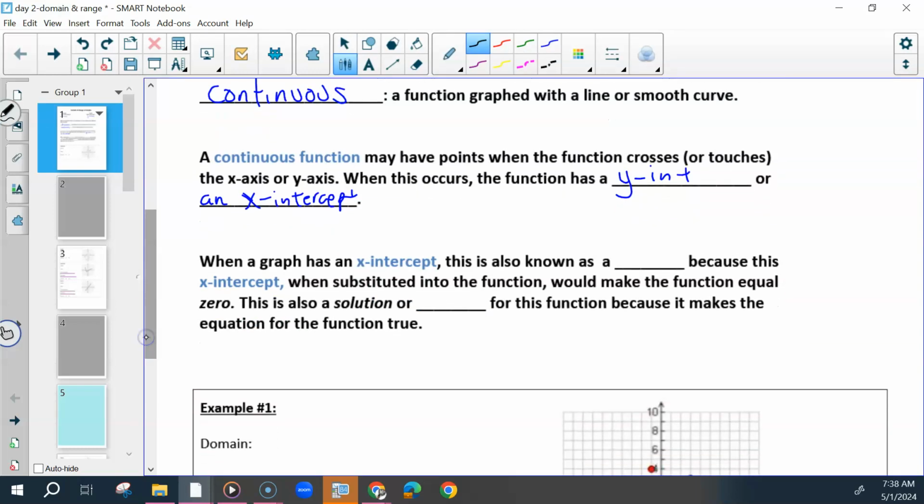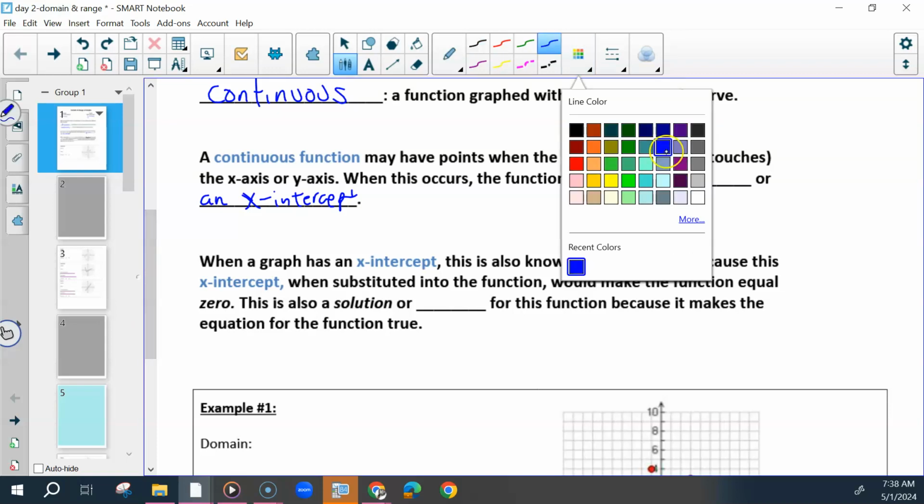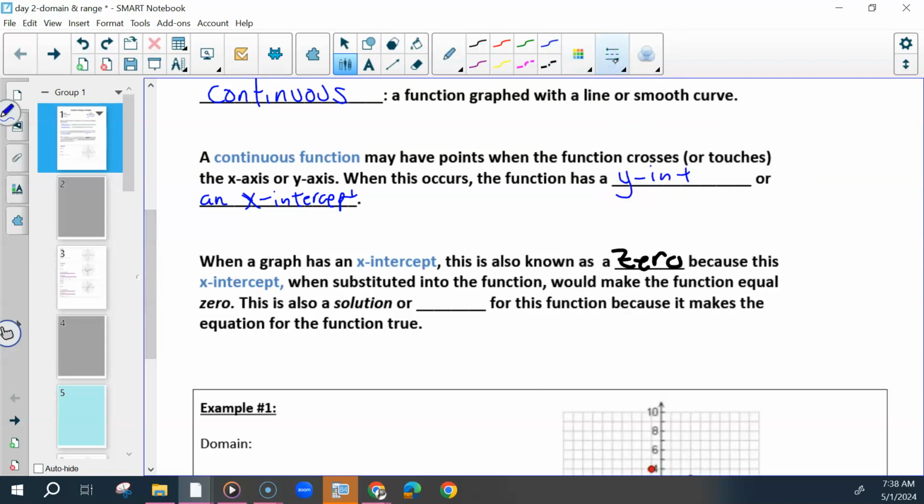And then you have this part, which is review. So x-intercept, also known as a solution, as a zero. This one is zero because it would make the function zero. This is also a solution or a root. Just to remind us what our x-intercept is called when you see it in different formats.